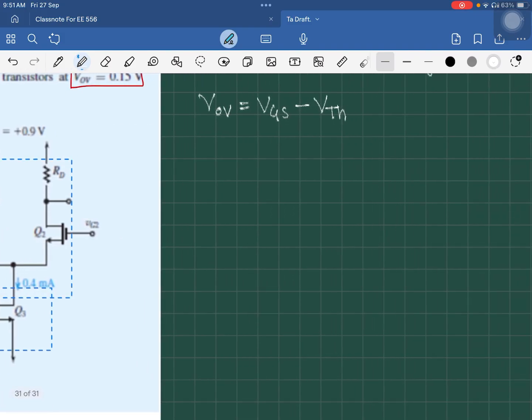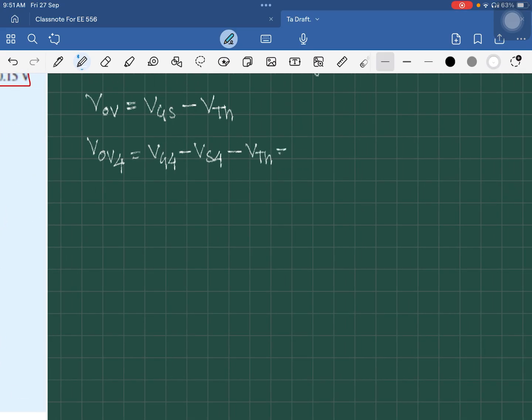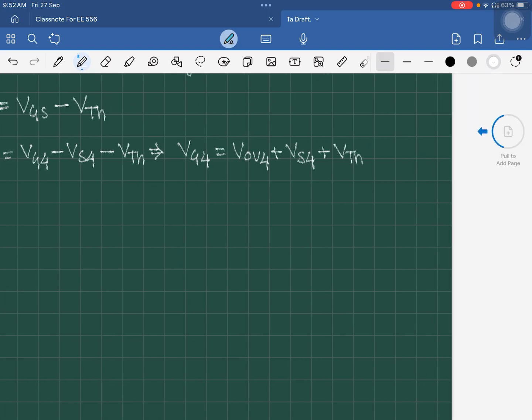So we can say that V overdrive 4 equals VG4 minus VS4 minus V threshold. And here we can say VG4 equals V overdrive 4 plus VS4 plus V threshold.